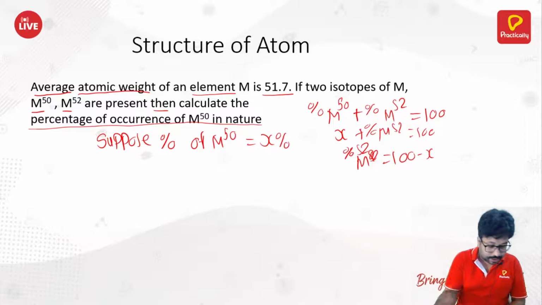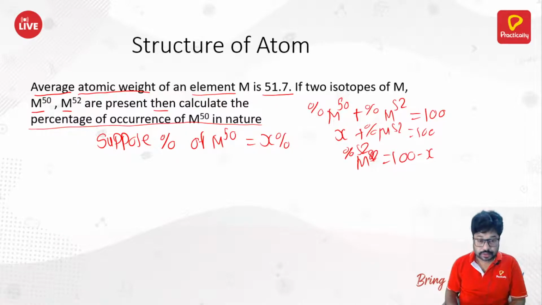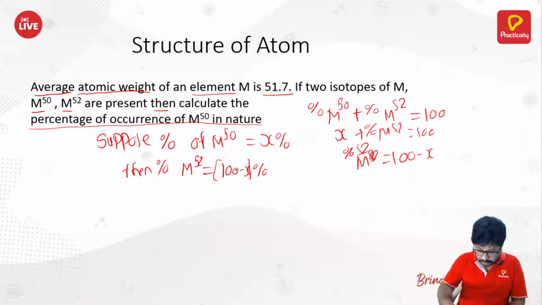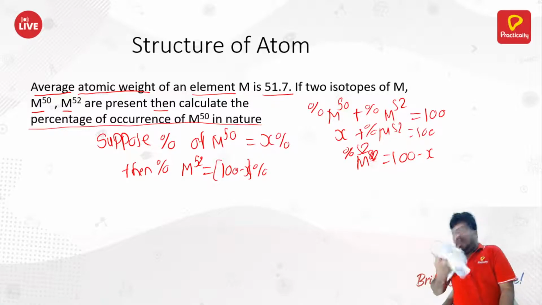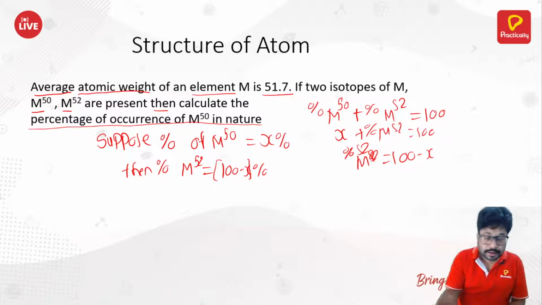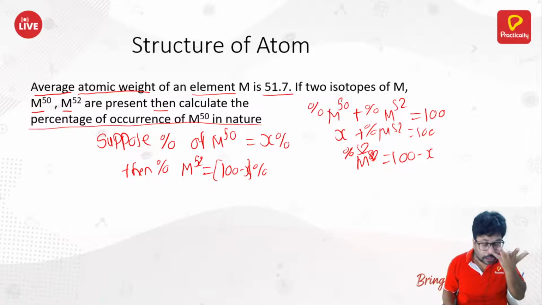Then the percentage of M52 is 100 minus X. How can we calculate? What was our formula?